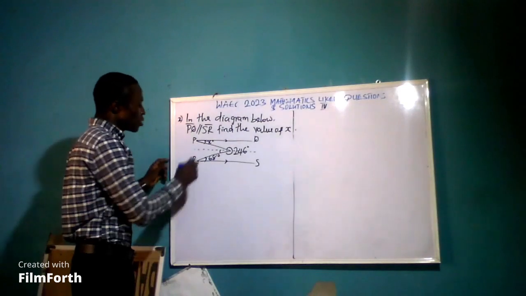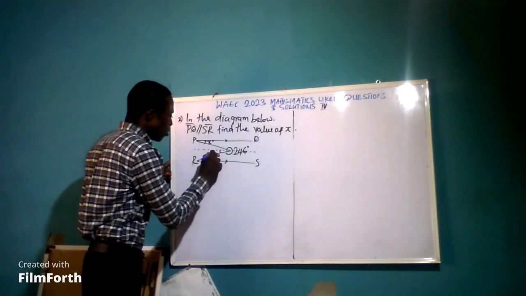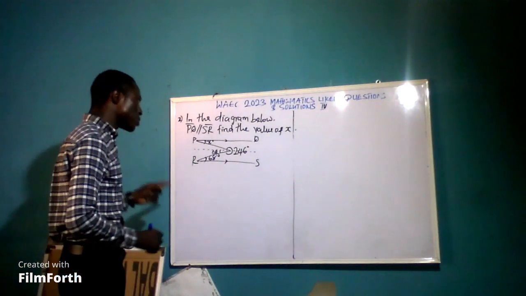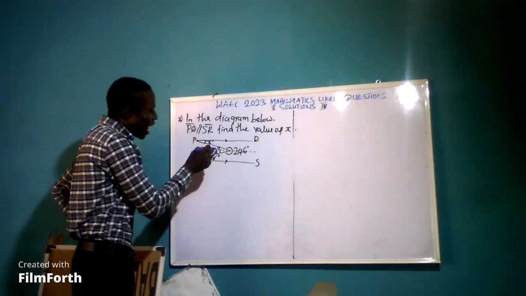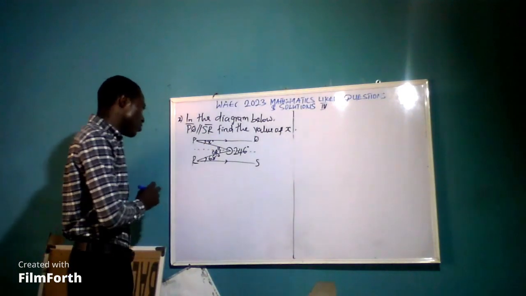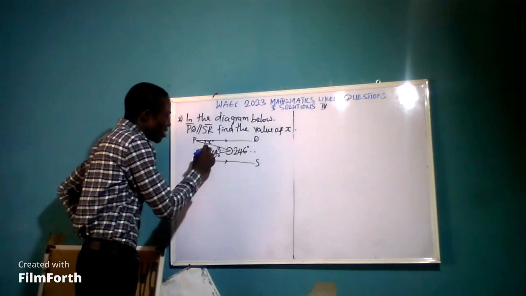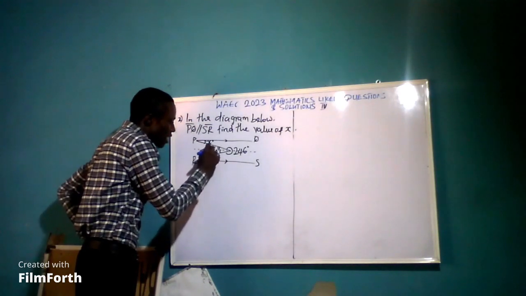So that 68 here simply means we'll be having 68 here. And of course this angle is as well an alternate angle to this angle x degree, so x degree here means we'll be having x degree here.